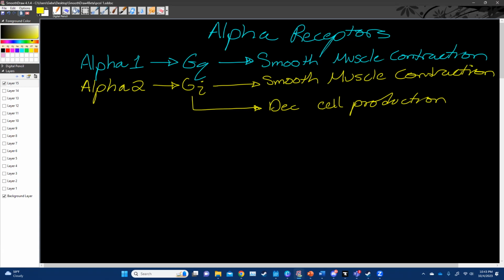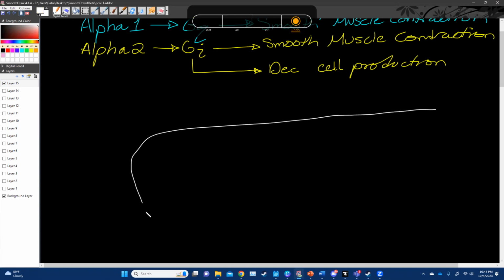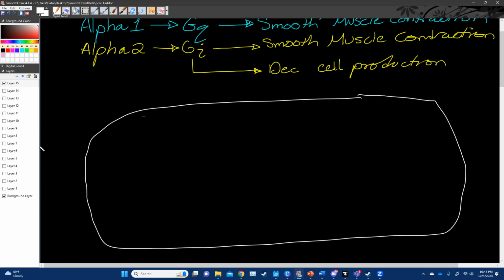So let's take a look. When we look at a smooth muscle cell, so here is a smooth muscle cell.